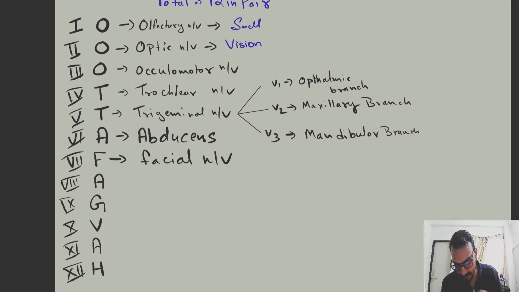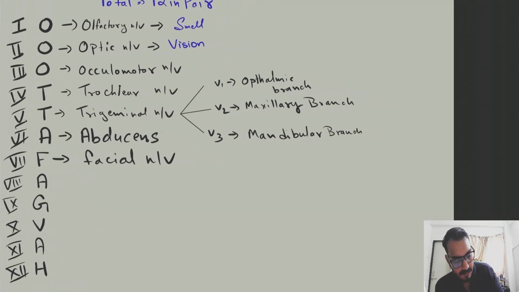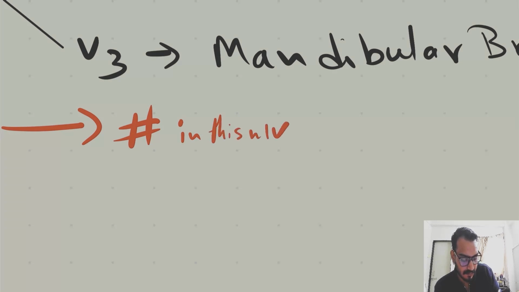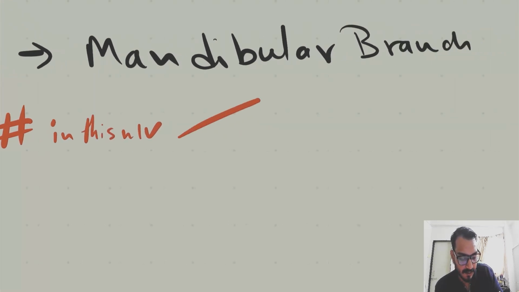Facial nerve. If there is an injury in this nerve, we can have two kind of deformities.